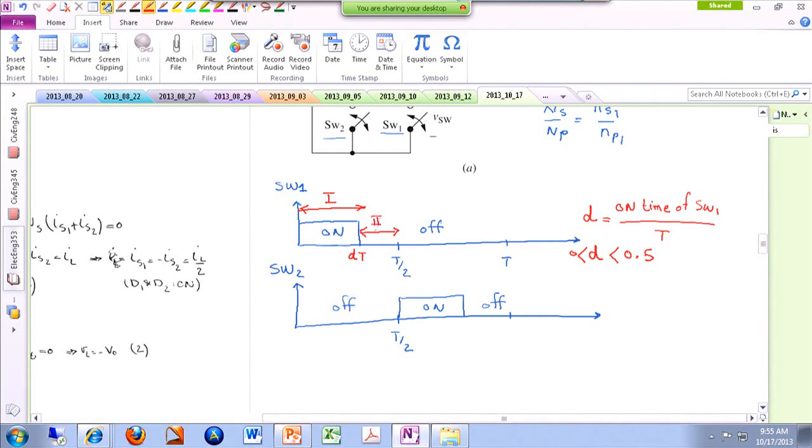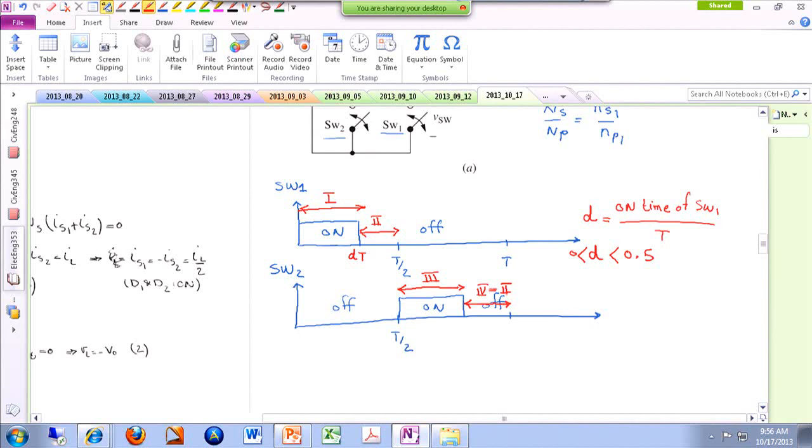Mode number 2. Then there's a third mode during which switch number 2 is on and the other switch is off. So this would be our mode number 3. And then there's a fourth mode, which is actually exactly the same as mode number 2, because during this mode, again, both of the switches are off. So I just labeled it mode number 4, which is the same as mode number 2, basically. All right, so basically we have 3 modes.